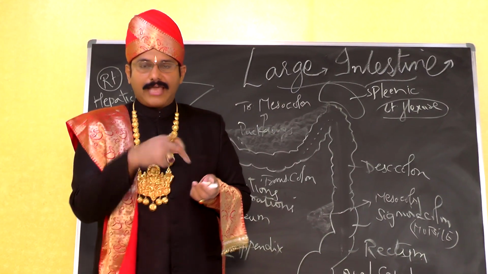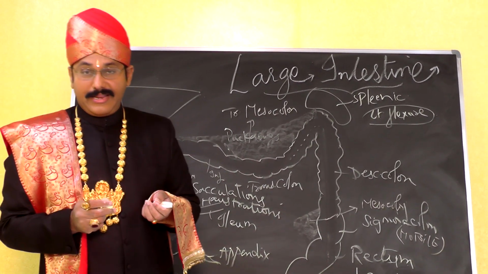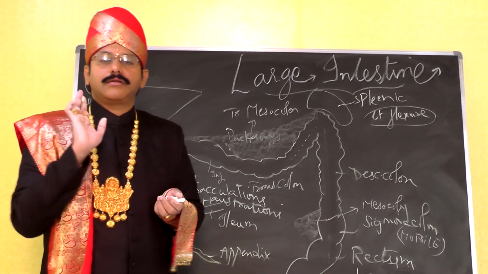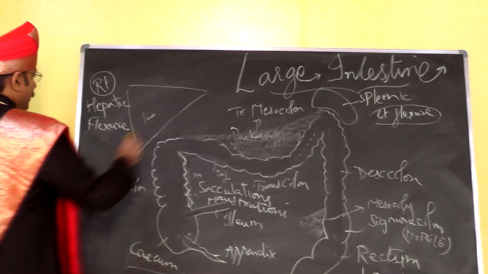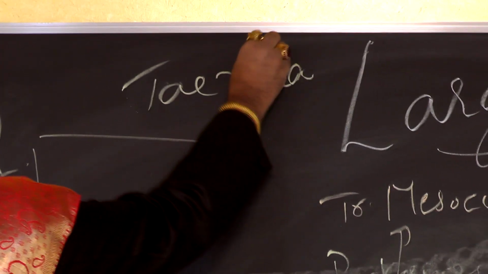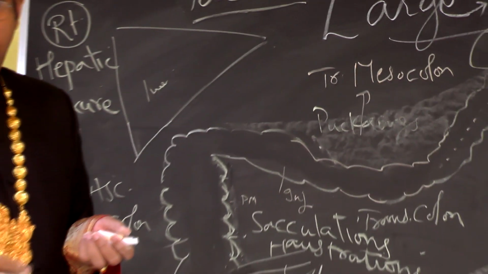Then, after these sacculations and haustrations, the puckerings of the large intestine, it is very interesting to see a distinguishing feature that is present only in the large intestine, and that is the teniae. There are 3 teniae, or taenia coli. These are 3 in number.